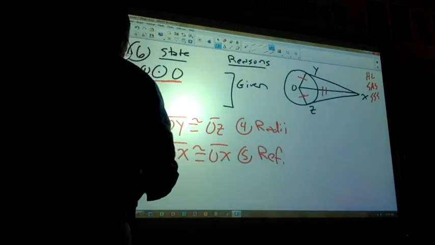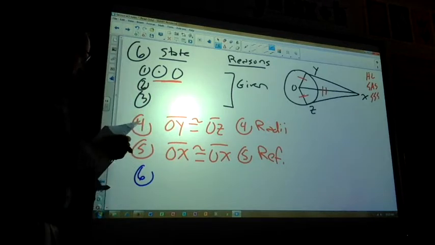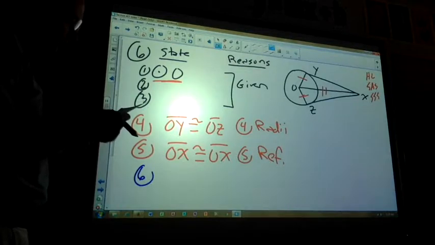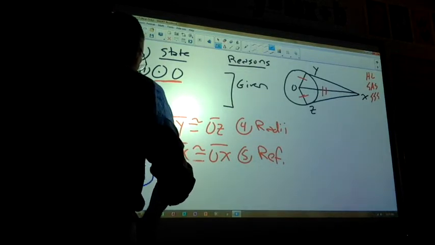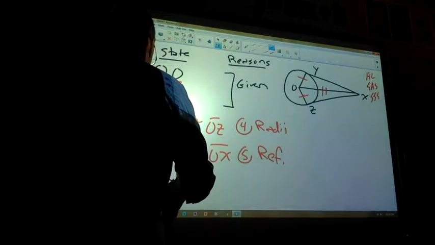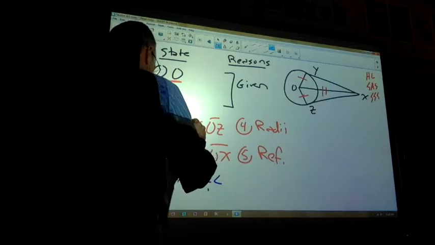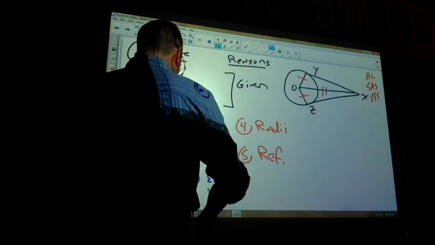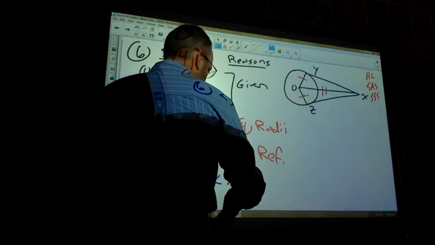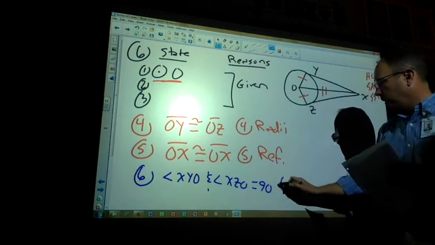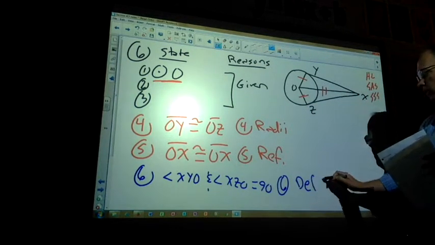But they did tell us with our givens that OY is perpendicular and OZ is perpendicular. So then we could easily state that angle XYO and angle XZO equal 90 degrees, by the definition of perpendicular.